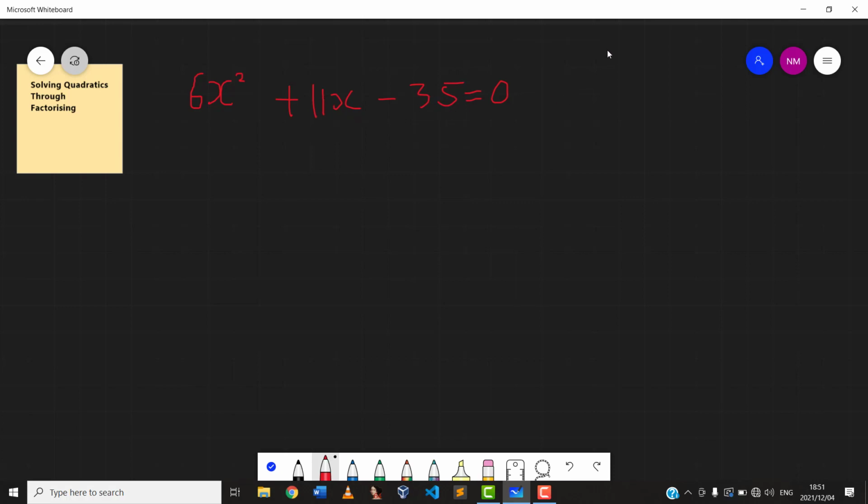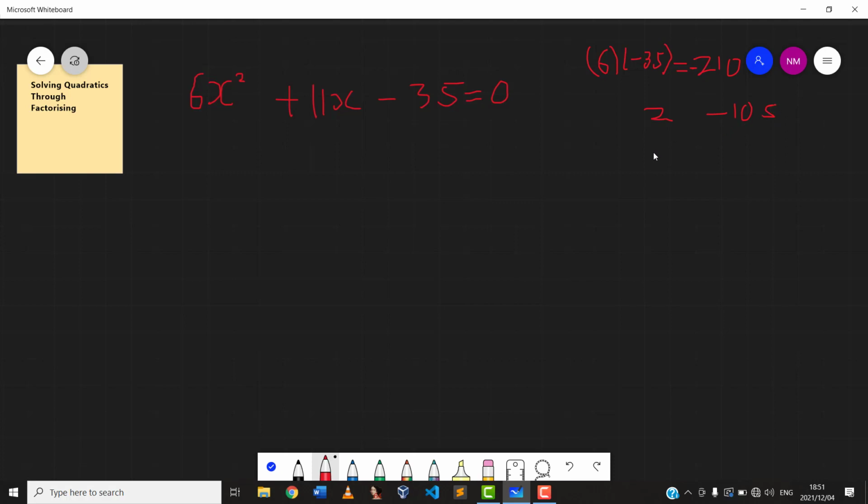So for example, 6 multiplied by minus 35 would be minus 210, right? So we have to find the factors of minus 210 that add up to 11. You could have 2 and minus 105, or the other way around.